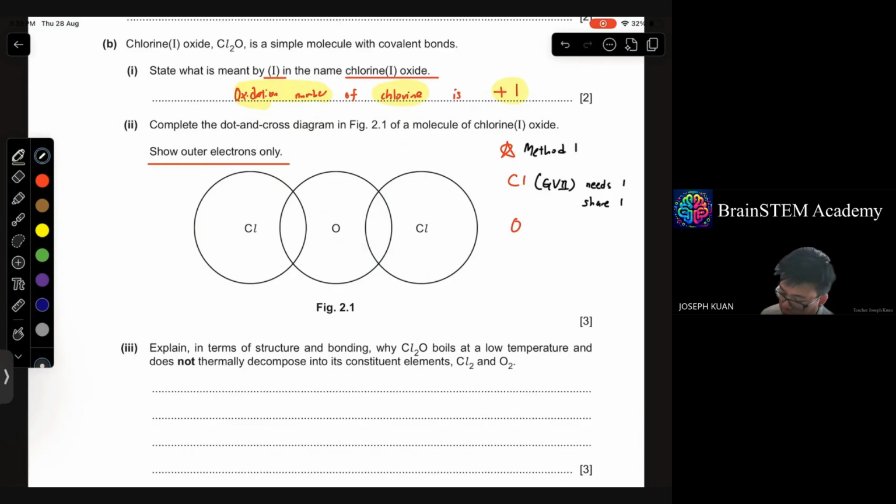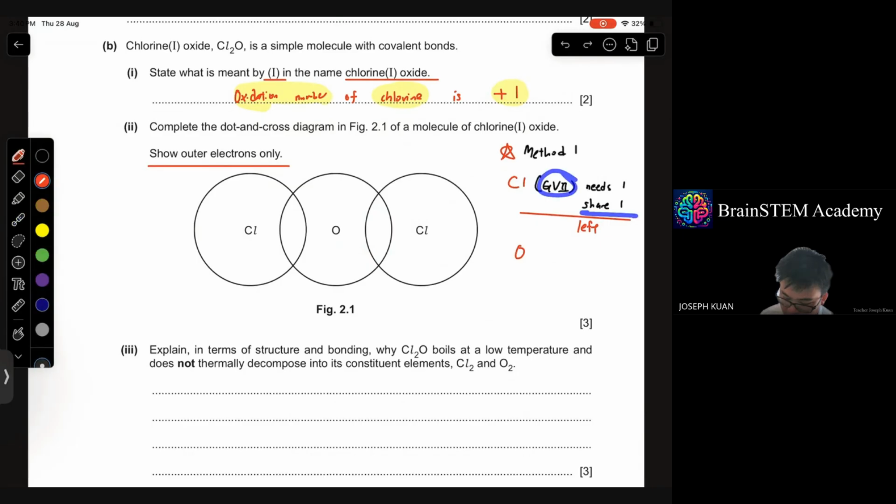Then our oxygen here, before we talk about oxygen, there's also leftover chlorine electrons. Leftover, chlorine has 7, sharing 1, leftover will be 6. For our oxygen here, which is a group 6 element, same idea. It will need 2 to get a full outer shell. It will share 2 in exchange. So leftover 4.